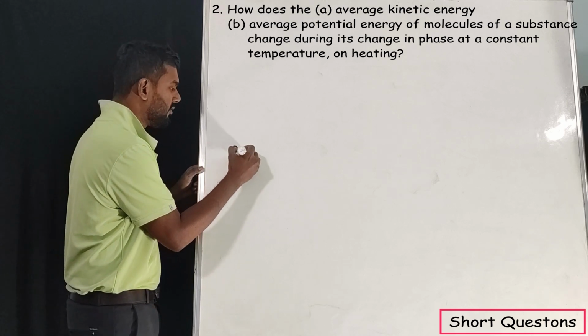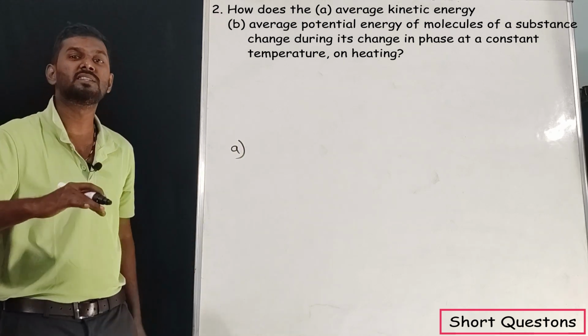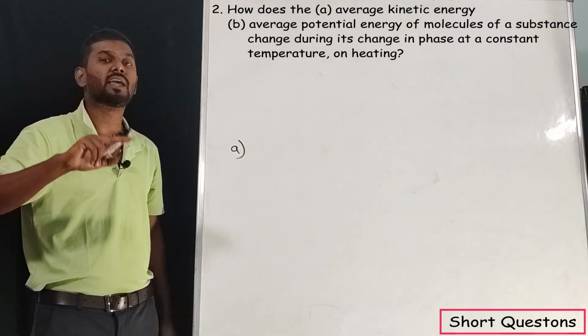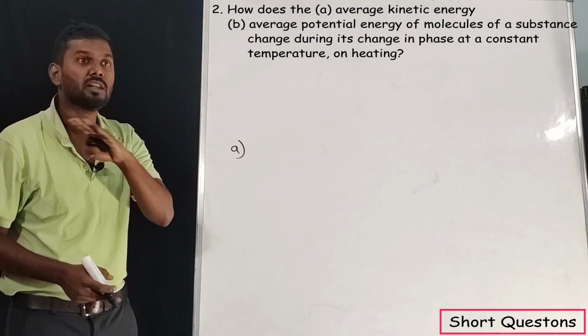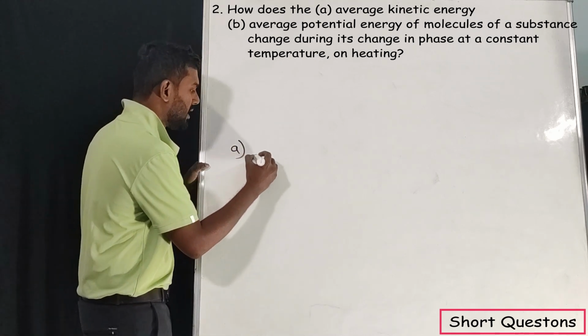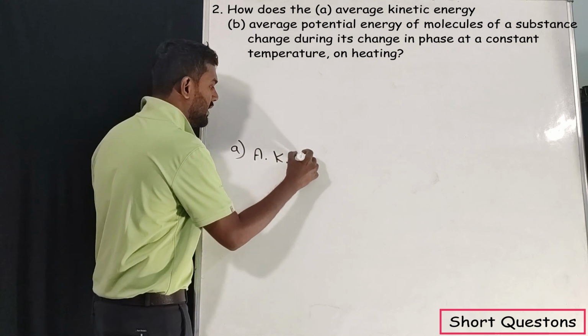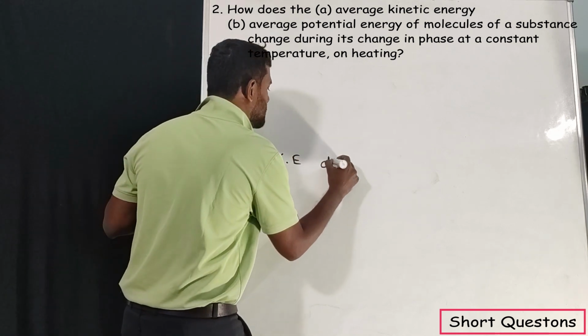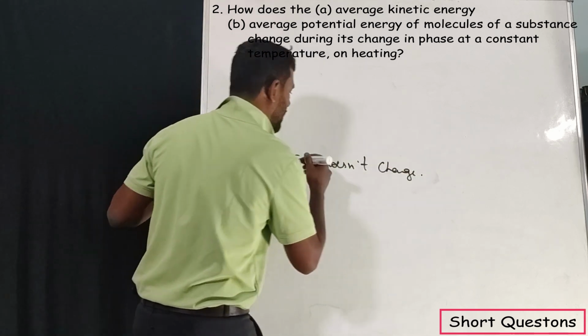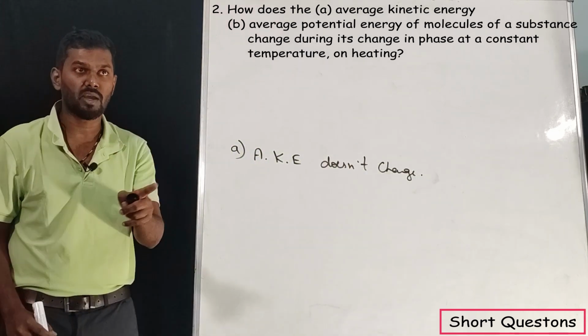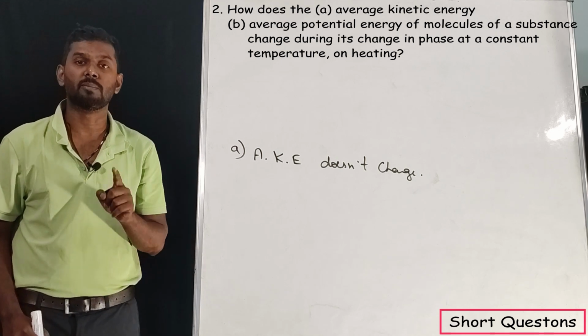In the previous question we spoke about this: if the temperature is rising, then only kinetic energy increases. If the temperature is constant, then there will be no change in average kinetic energy. Why? Because there is a constant temperature.